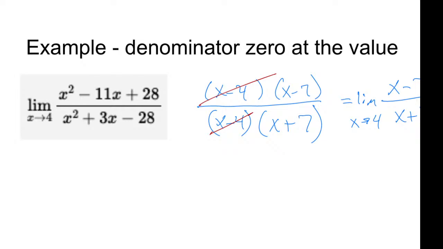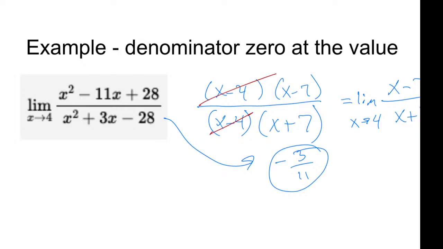And again, I can break it down, limit on the top, limit at the bottom, or I could just say, well, they're both polynomials, right? So I can just evaluate, I can use that substitution law, and that's going to give me what? Negative 3 over 11. So our limit to this thing is going to be negative 3 over 11.